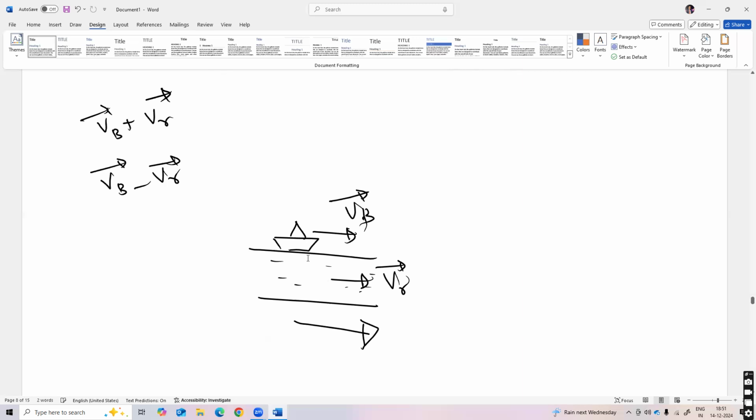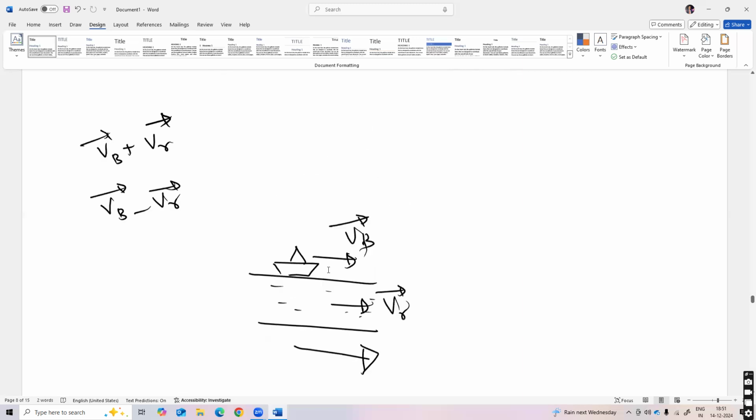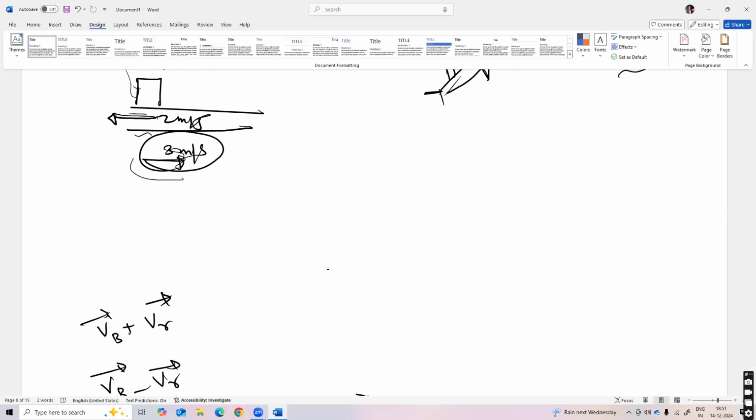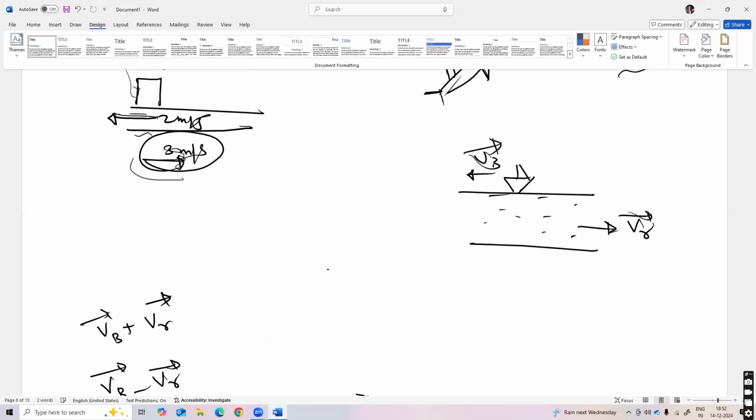Whereas if you are trying to go upstream, of course the river's direction will remain the same, but the velocity of the boat is in this direction, VB. There are two possibilities. If VB minus VR is positive, then the boat will go upstream.